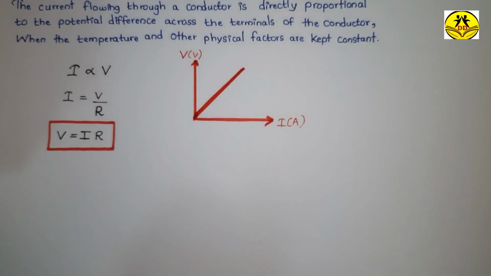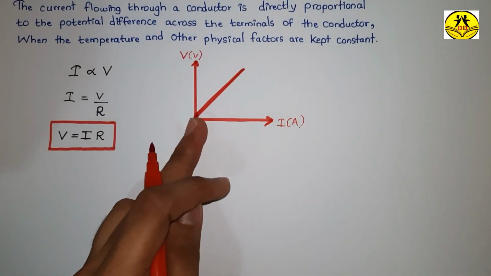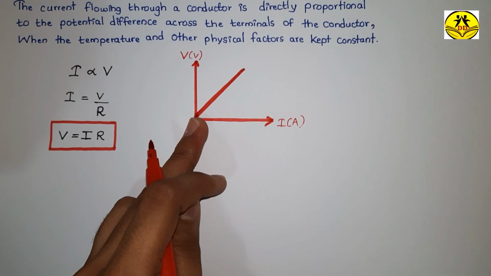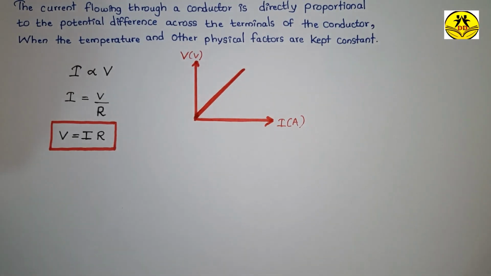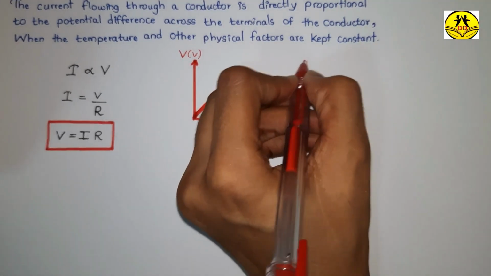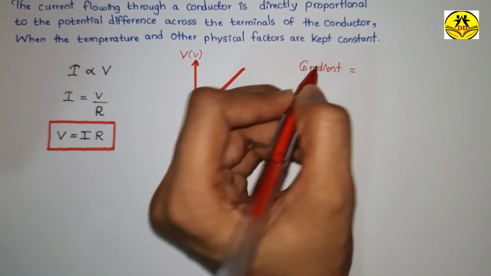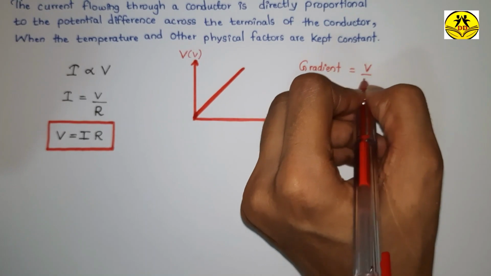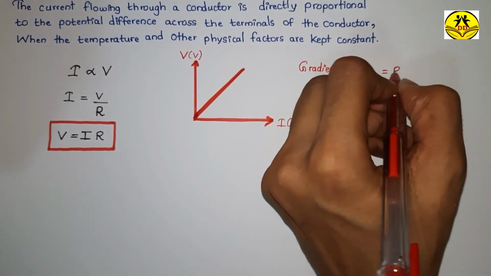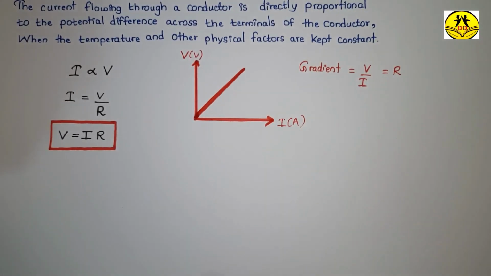Here you will get a straight line which passes through the origin. So the gradient of the graph equals V over I, and it is equal to R.